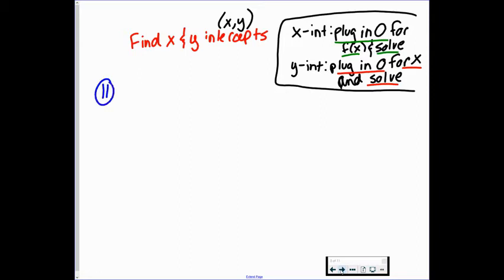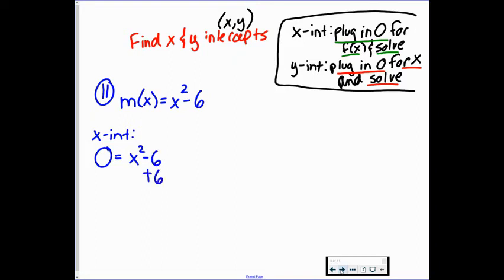On question 11, it states for us to find the intercepts of m of x is x squared minus 6. To find the x-intercept, I'm going to plug in 0 for the f of x, or the m of x in this case, and solve for x. First, we're going to add 6 to both sides.